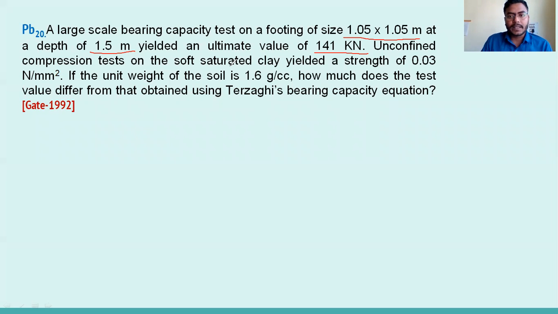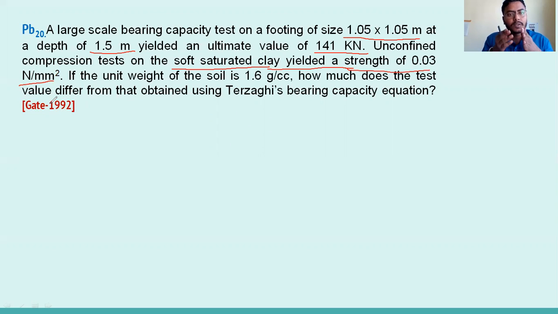Good. Next, the unconfined compression test on soft saturated clay yielded a strength of 0.03 Newton per mm square. So we have performed a test, the unconfined compression test, on that soil.